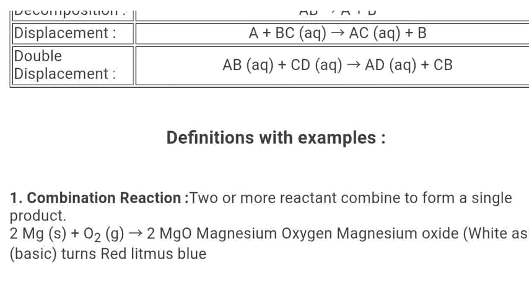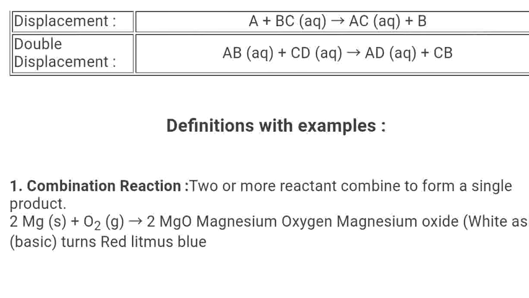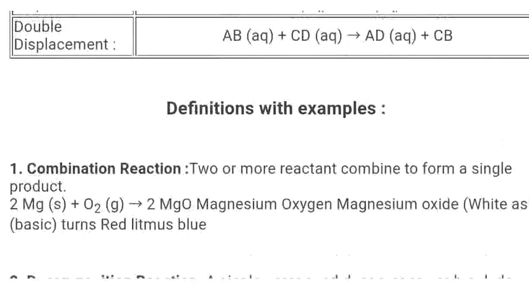Two substances are taken and each substance displaces the other substance from the other reactant. As we can say, AB plus CD will produce AD and CB. A replaces C from CD, so it forms AD, and C replaces A from AB. In this reaction two displacements are happening, so it is known as a double displacement reaction.